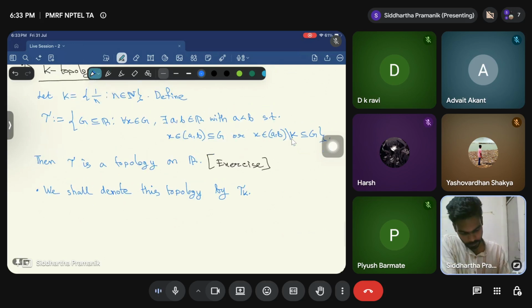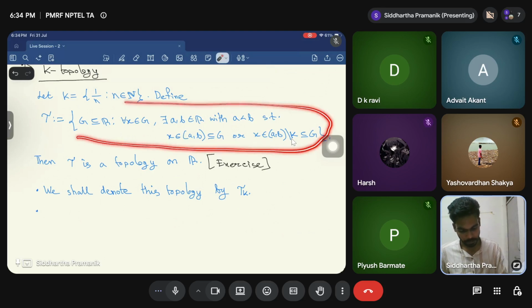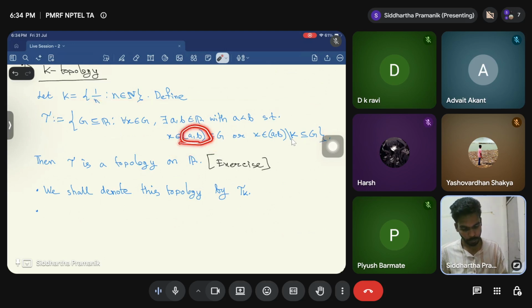Now let's deduce some properties, or let's see what kind of sets are in this topology. If you see this definition, then you can clearly see that these open intervals are elements of this tau K, right?